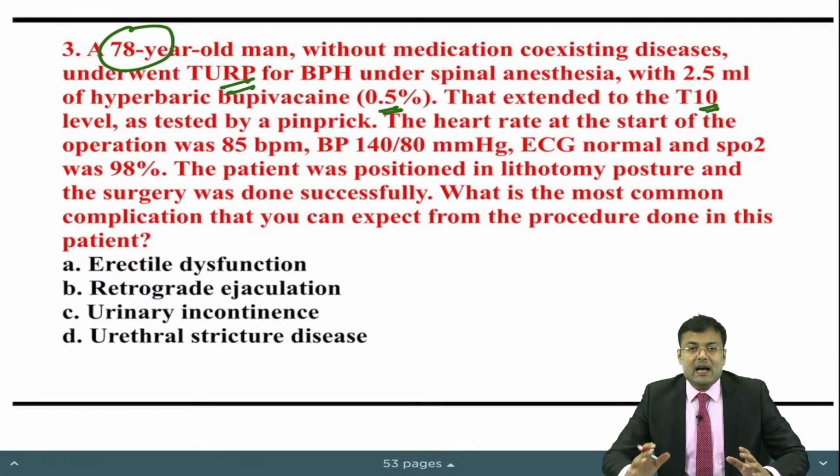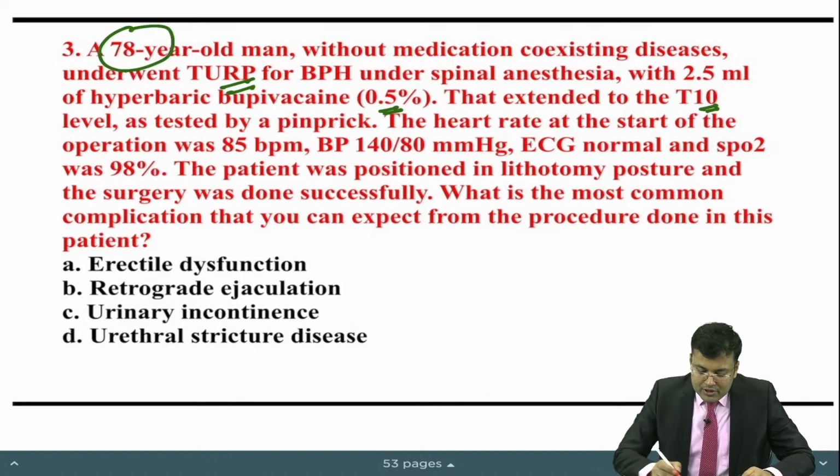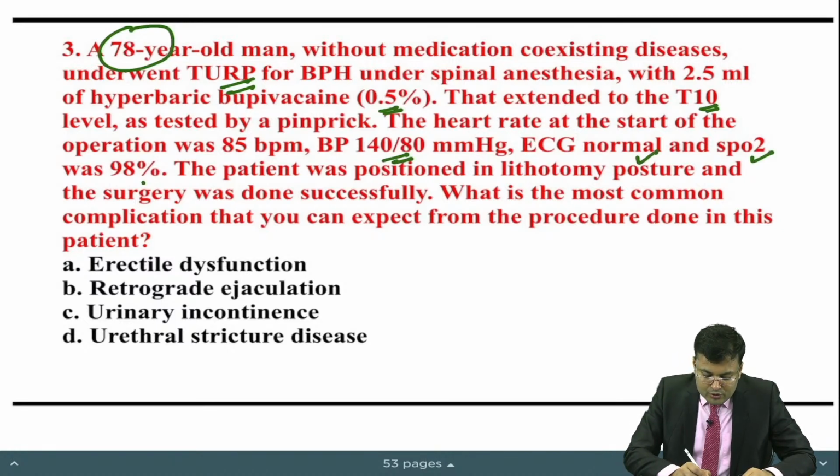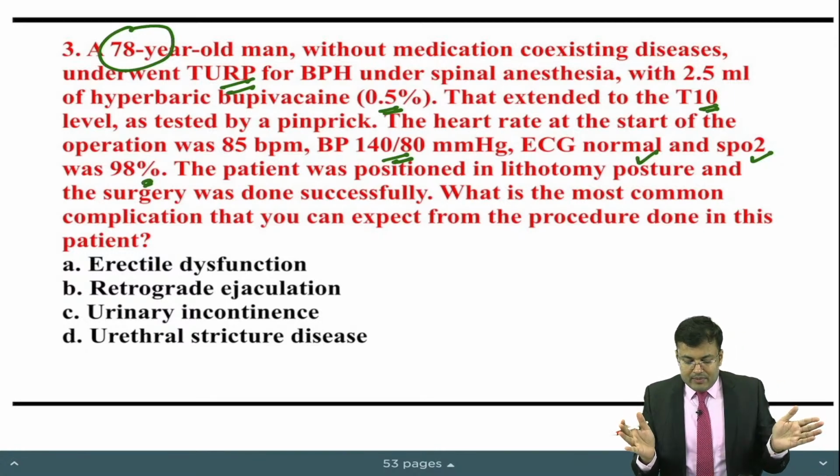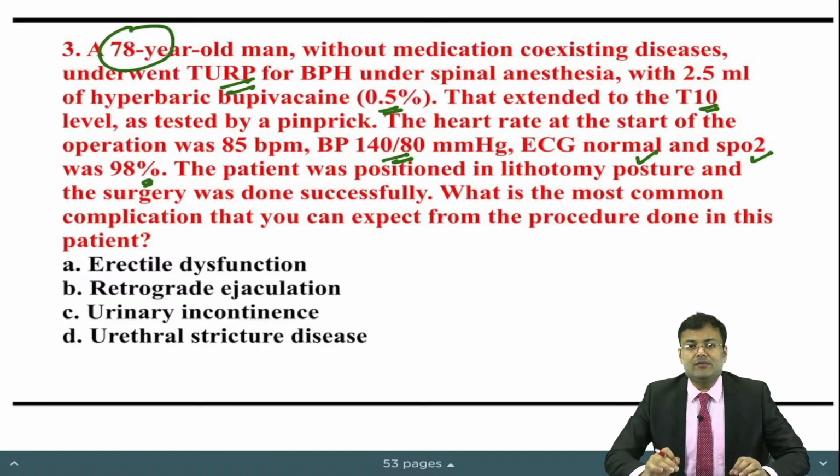Heart rate at the start of operation was 85 beats per minute. BP was 140/80, ECG was normal, SpO2 98%. Patient was positioned in lithotomy posture and surgery was done successfully. What is the most common complication that you can expect from the procedure done in this patient?